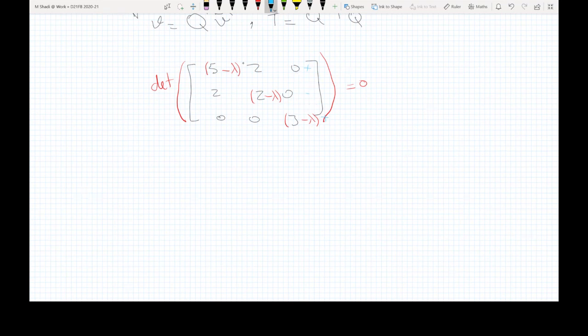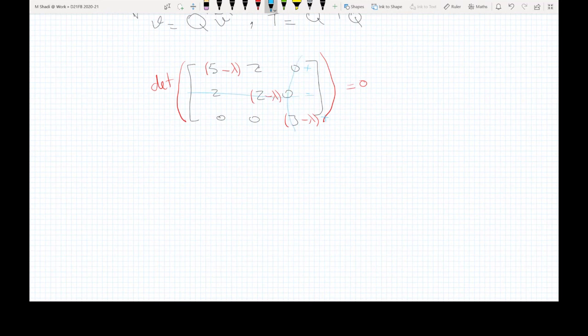You start from the first, you remove the entire row and column, and you are left with a small matrix you need to find the determinant for. So it is 0 multiplied with the determinant of this, minus 0 multiplied with the determinant of this.